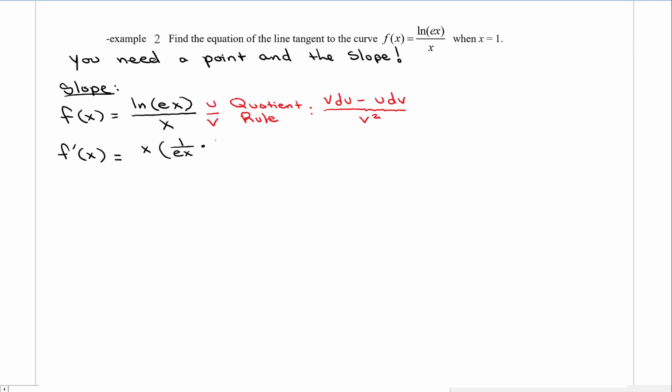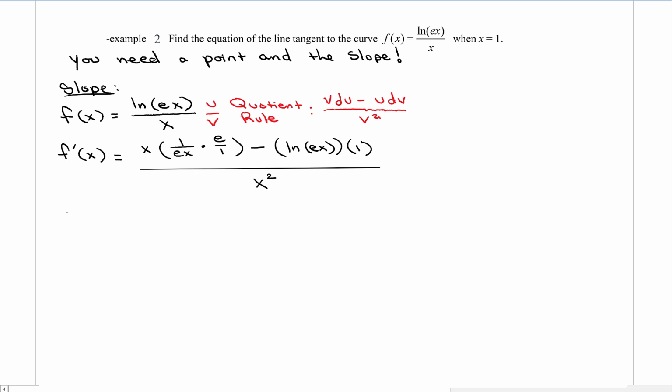We're going to subtract from that, open up a set of parentheses, natural log of ex, and then we're going to multiply that with a 1. And this is going to all represent our numerator. It's going to be all over our v squared, and our v squared is just going to be x squared.